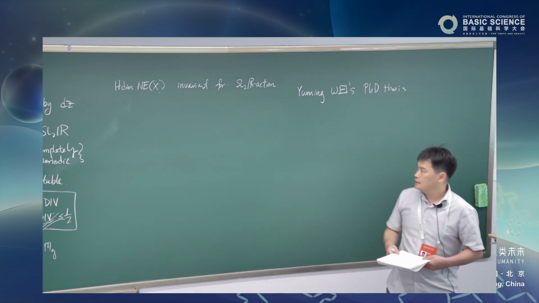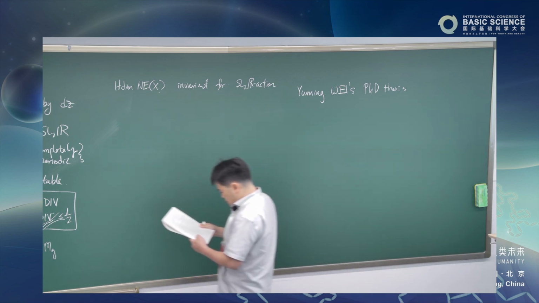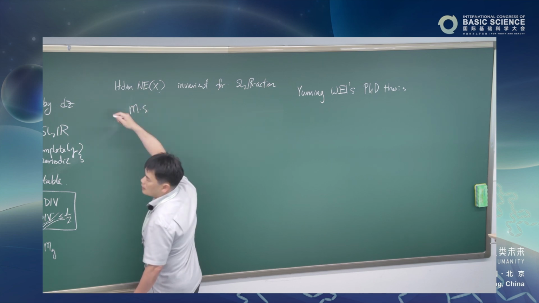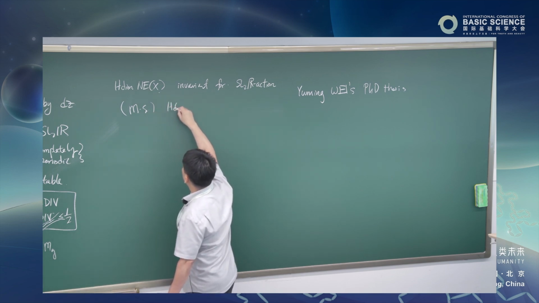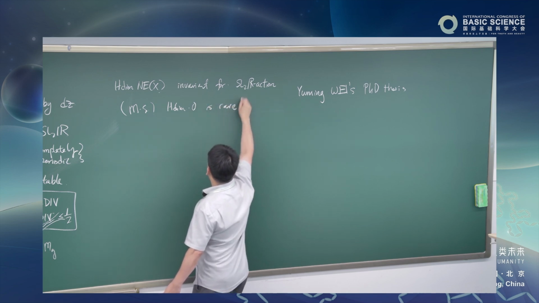And so this is an interesting object, and people ask questions about it. And their results, Mason and Smillie, I guess I've mentioned them before, show that Hausdorff dimension 0 is rare. I'll just say it that way.